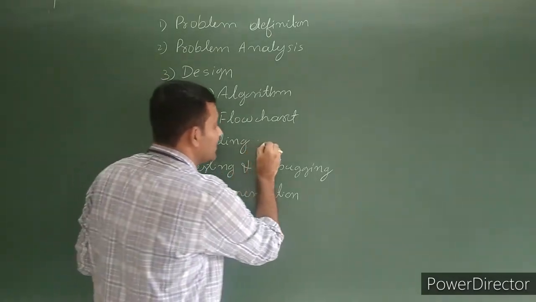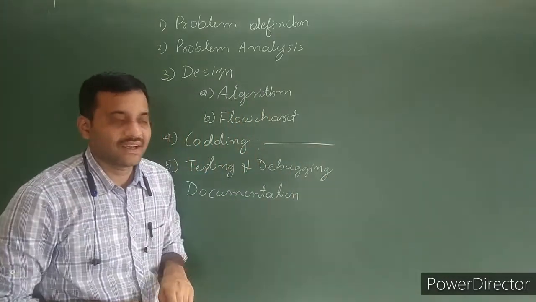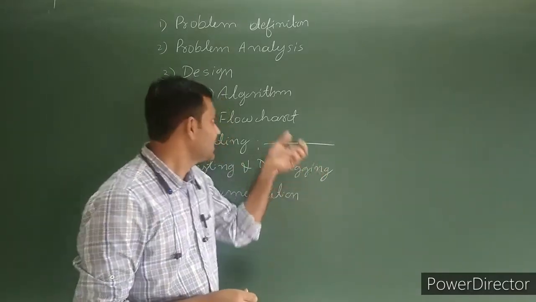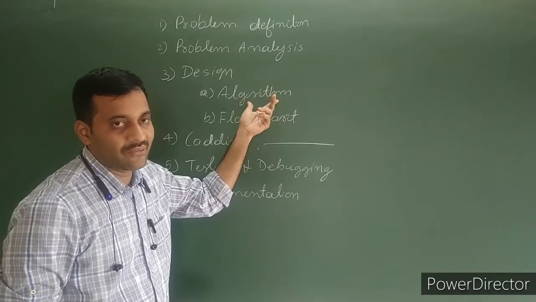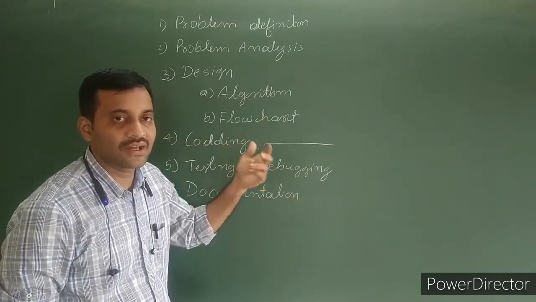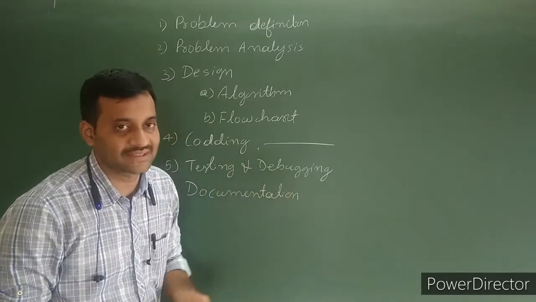So next one is coding. Here we discuss the process of coding. Coding means we translate the algorithmic steps. The algorithm has step-by-step instructions. In coding, we translate the algorithm steps to programming instructions.